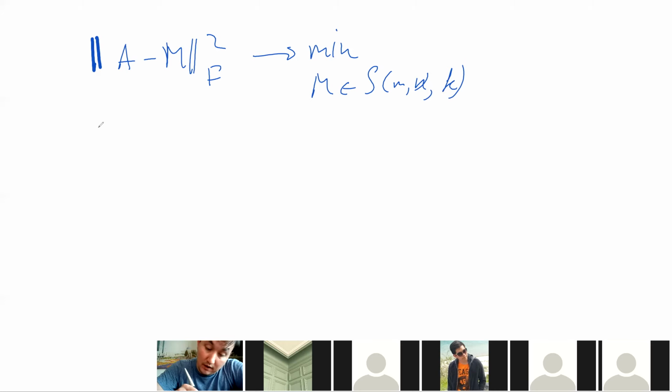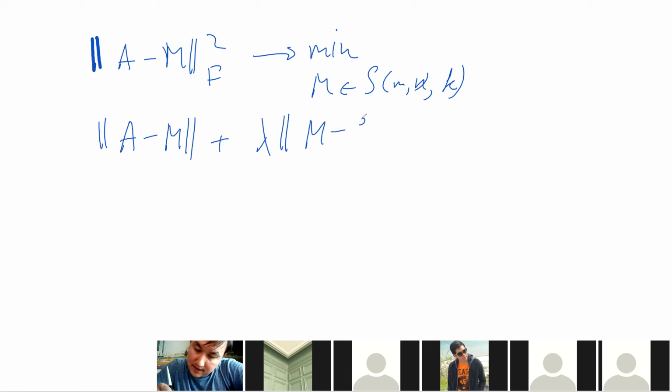And if we apply the alternating scheme, then this will become equivalent to this problem: M minus X, where you minimize over unconstrained M, and X is in the set of rank K matrices.